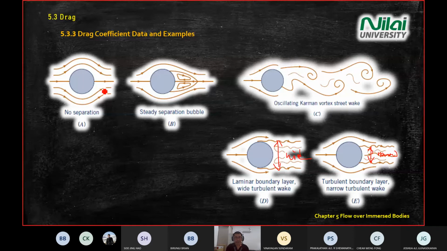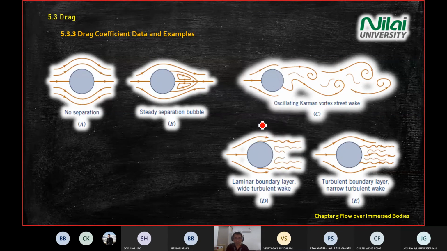But these are the phenomena that we can observe from experiment or from normal daily life. So sometimes you see a vacuum, or sometimes you see a big turbulent wake or a narrow turbulent wake. These are the common observations that we will have. But of course, it won't happen in one scenario; it will happen as either a mixture of 1 or 2.